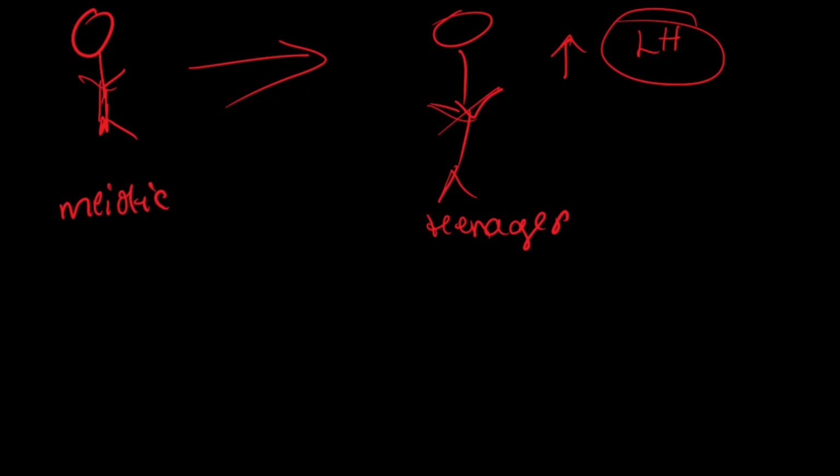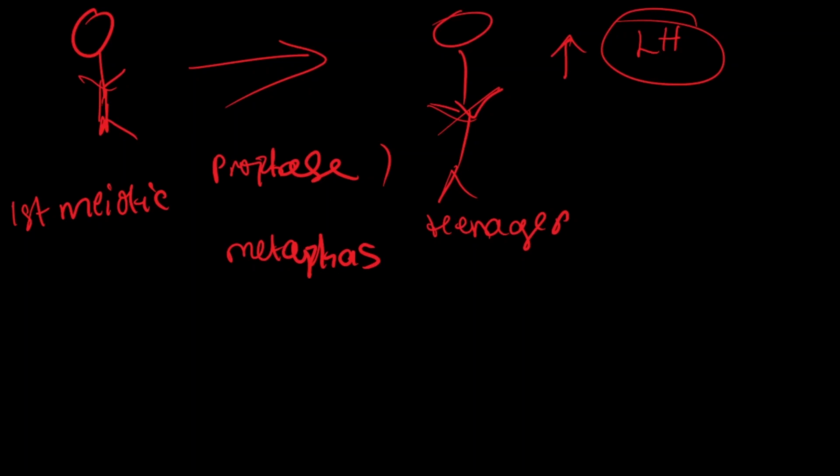Remember that the first meiotic division stopped at prophase 1. So the luteinizing hormone kickstarts it, and from prophase 1 we go to metaphase 1. Now we have our cells.